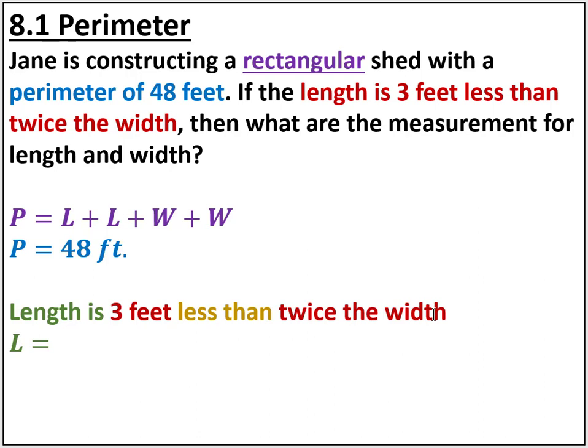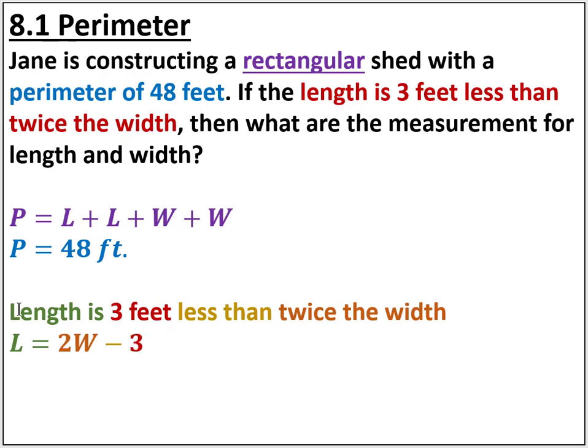Twice the width means 2 times the width, which algebraically is 2w. And going back, less than means subtract, so we put a minus. And last is the 3 feet, so we put 3 after the minus.